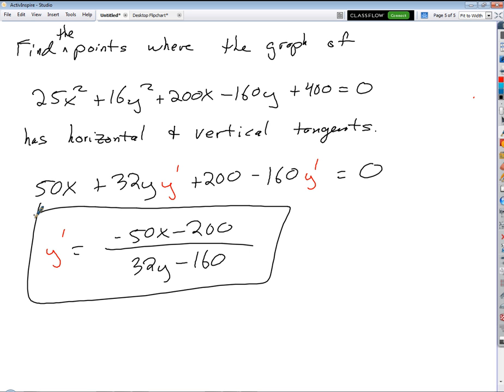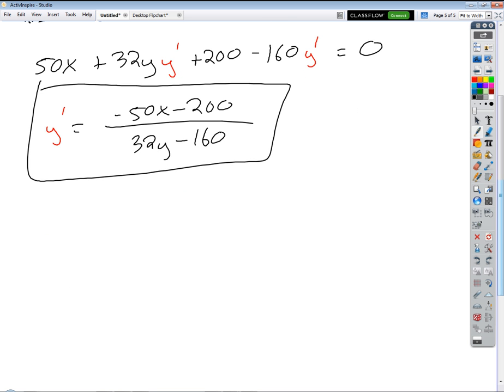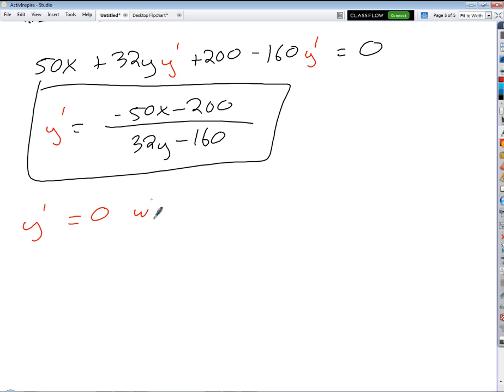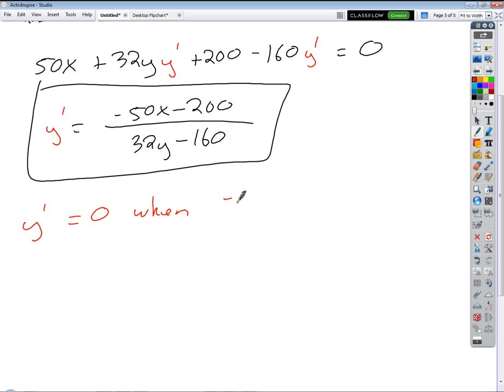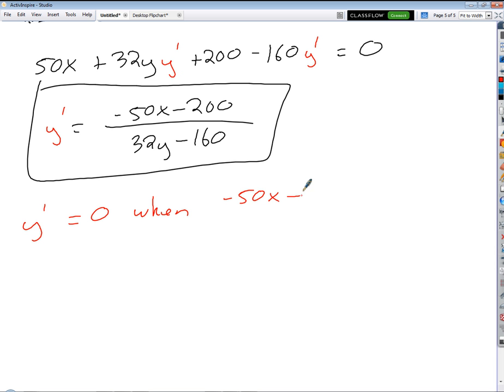We could say that y prime equals 0 when negative 50x minus 200 equals 0, correct? You see my thinking?